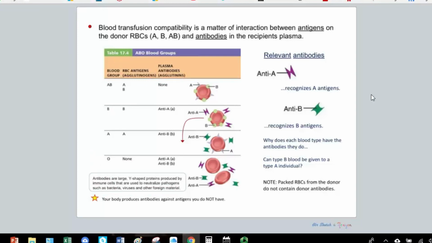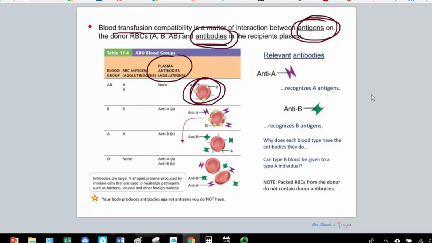The reason we're going to look at the antibodies present in each of these individuals is because blood transfusion compatibility is a matter of interaction between the antigens on the donor red blood cells and the antibodies in the recipient's plasma.